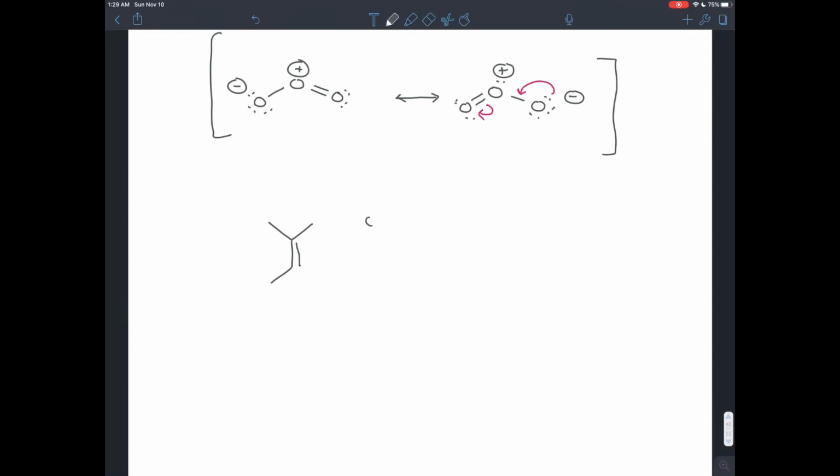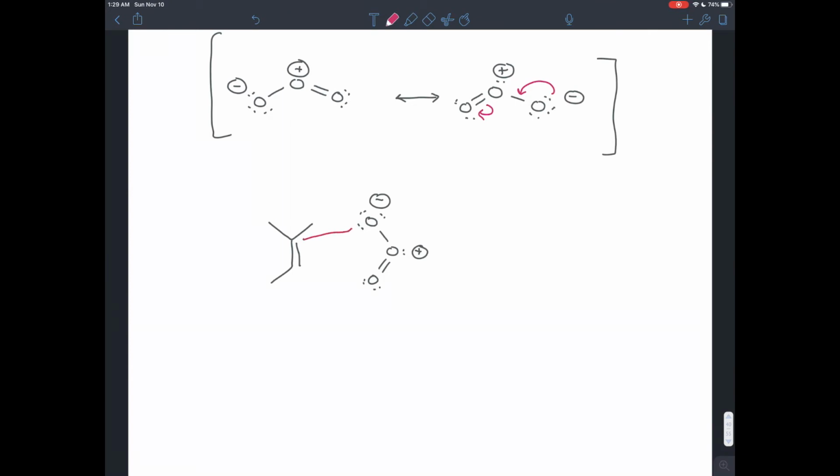So if you take ozone, the oxygen with the full negative charge is reactive, and these electrons in this pi bond want to stabilize this positive charge, so you sort of have a push and a pull all at the same time that creates a sort of cyclic reaction.